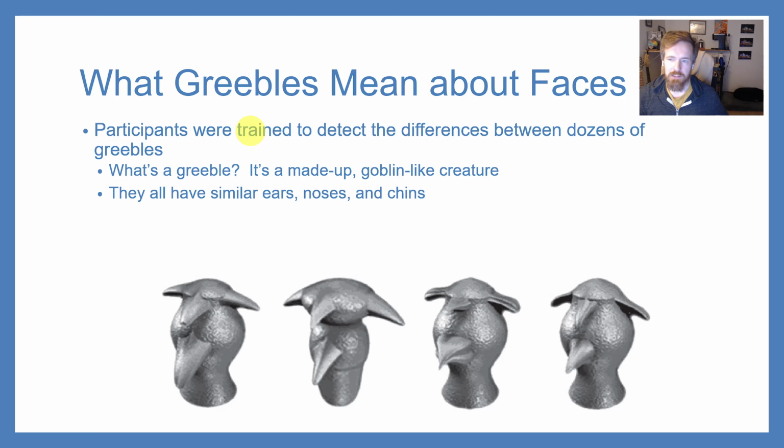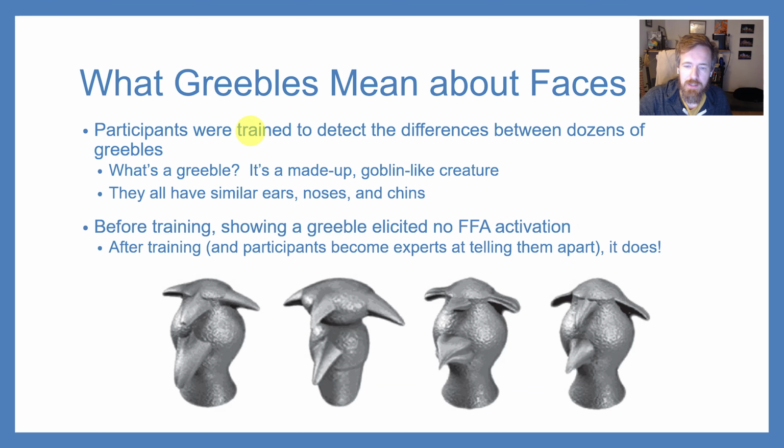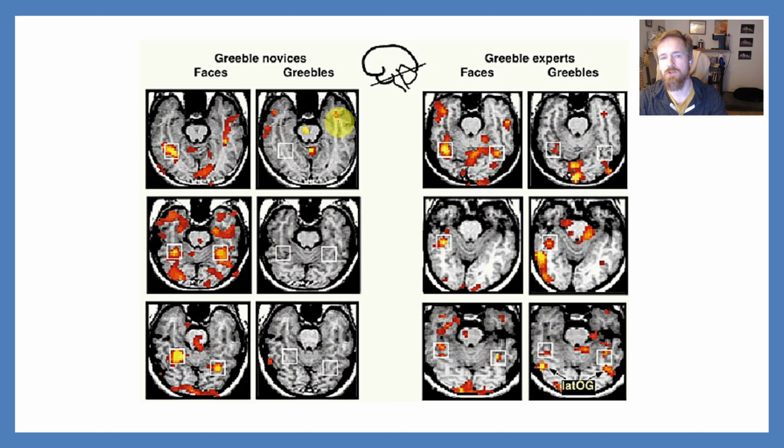So basically, once people were able to actually perform well on recognizing these greebles, then they looked at their brain activation. Just to look at here, this first one, looking at the greeble novices, they're doing essentially faces subtracted by common objects, just like you saw before, and greebles subtracted by common objects as well.